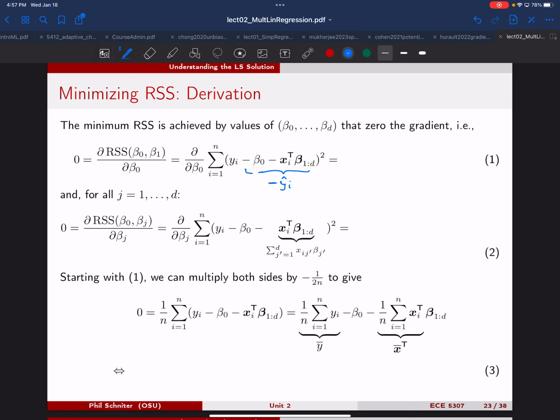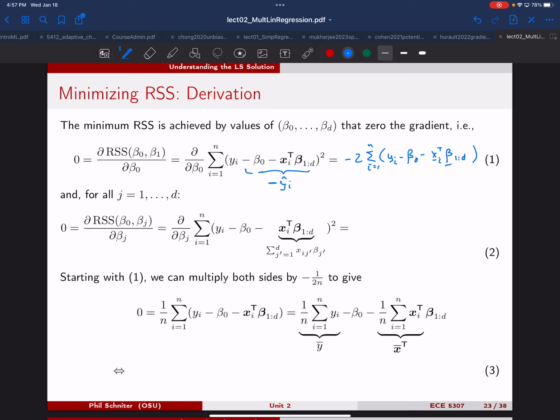Okay, so we're going to get minus 2 times the sum, I equals 1 to n, of the quantity yi minus beta 0 minus x under bar I transpose times beta under bar 1 through d. Okay, so that's the partial derivative with respect to beta 0.